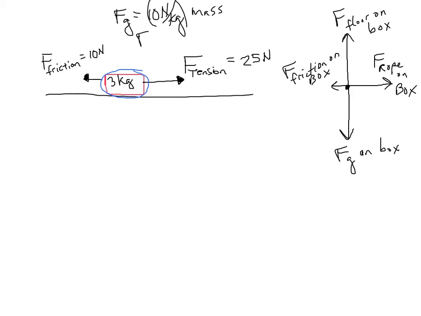So in this case, we have 10 newtons for every kilogram. And I apologize, this is getting a little messy here. And we have a mass of 3 kilograms, as you see written on the block. And so 10 newtons per kilogram times 3 kilograms, the unit kilogram cancels, and we have 10 newtons times 3, 30 newtons of gravity force.